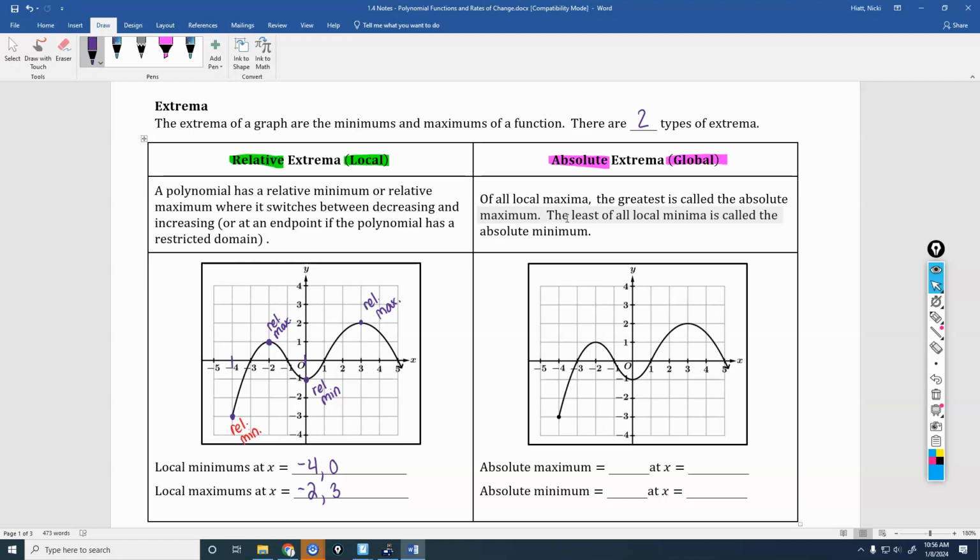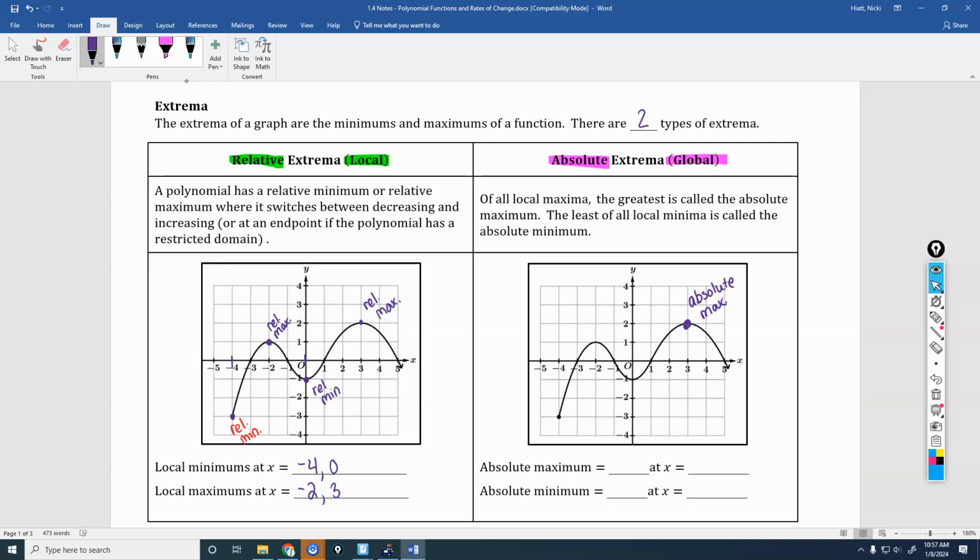For example, this is the same graph that we have over here. If I'm looking for my absolute maximum, I'm looking for the very highest point. That is right here. So that point is a relative maximum, but it is also my absolute maximum because it is the highest point on the whole graph.